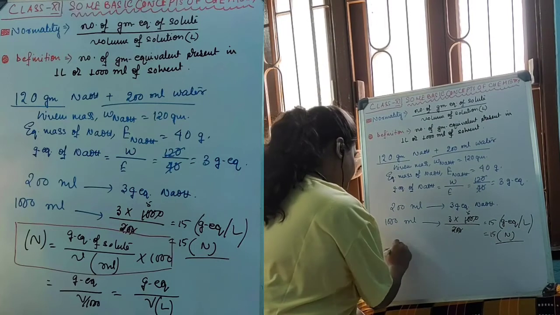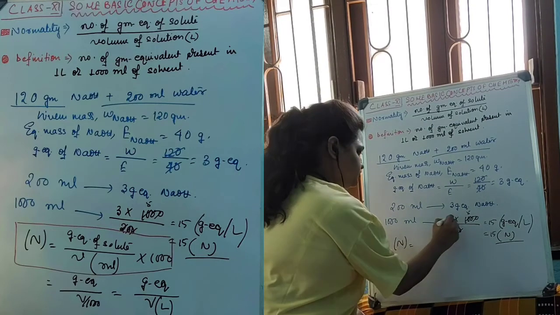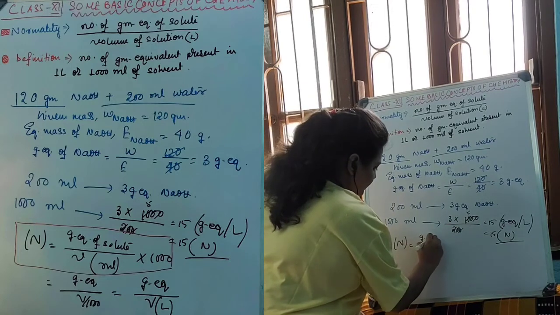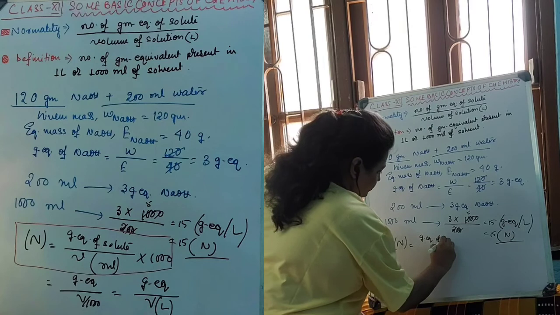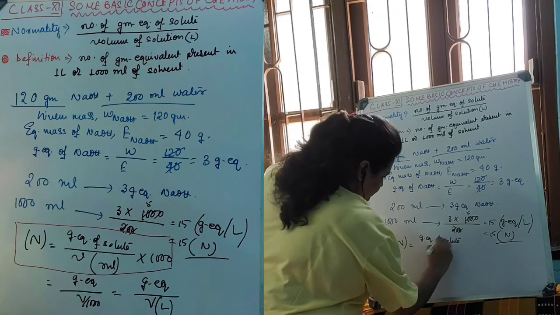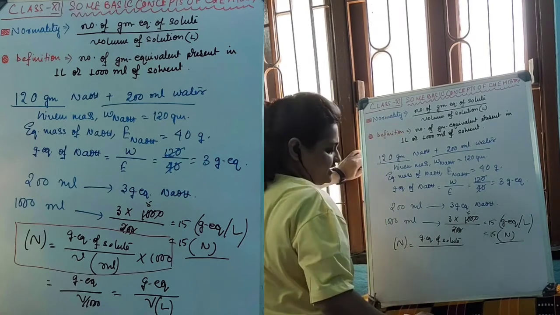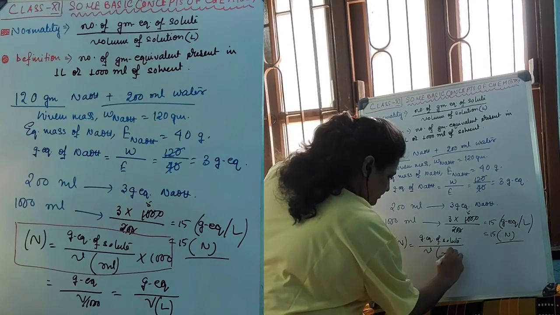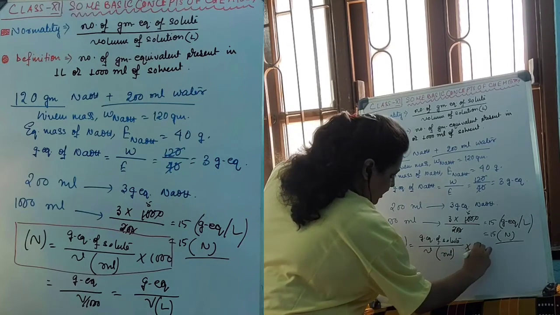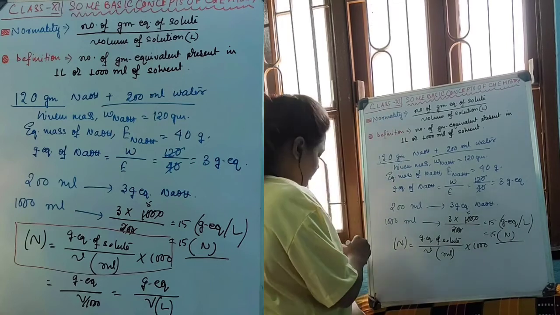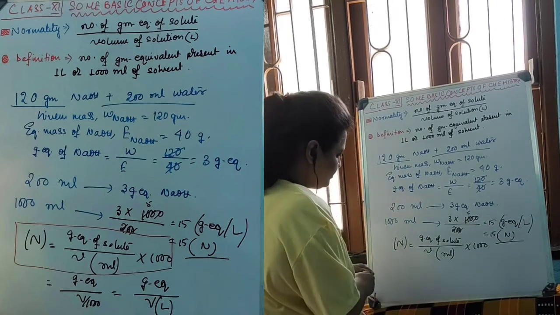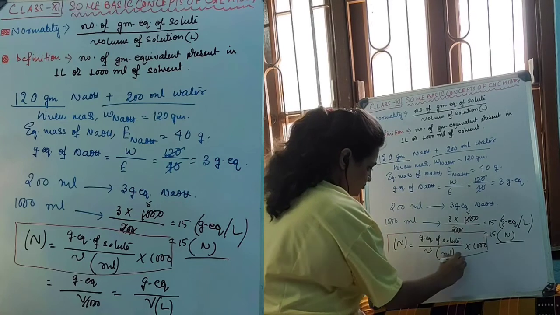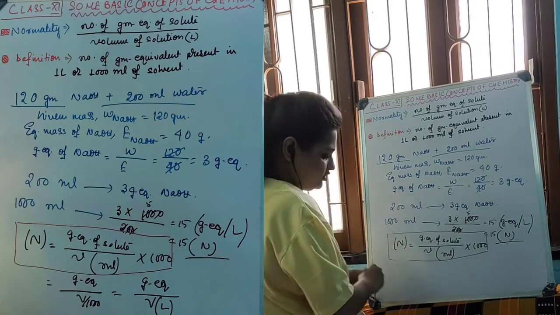This is nothing but normality equals 3 gram equivalent, which was the gram equivalent of solute, by 200 ml, which was the volume of solution in ml, multiplied by 1000. This is one way of representing normality of a solution.